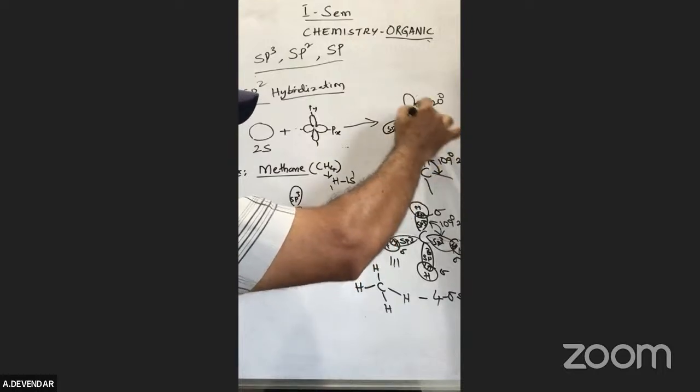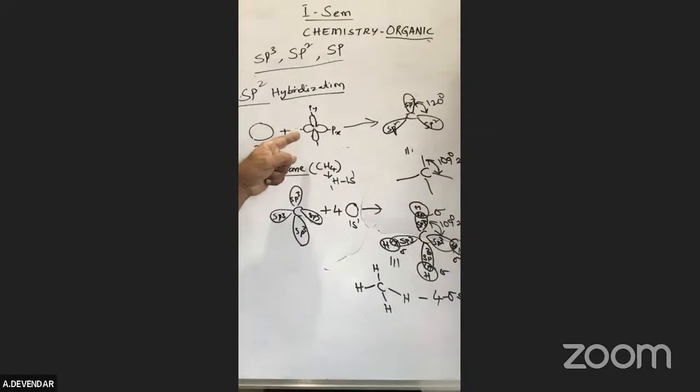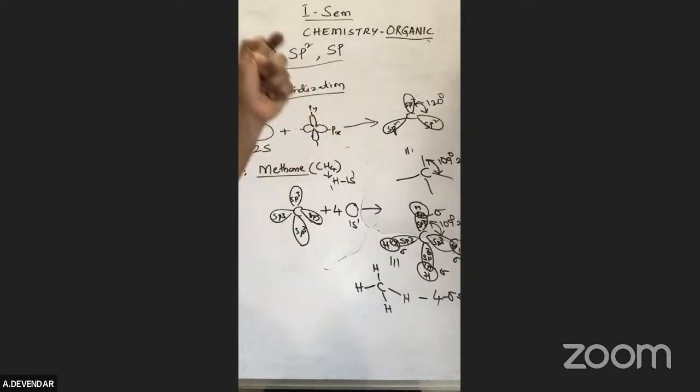Please compare with sp3. Here I am using only two p orbitals, not three p orbitals. One s orbital and two p orbitals undergo the hybridization. You get three sp2 hybrid orbitals, which are arranged in trigonal planar, and the bond angle is 120 degrees. That is called sp2 hybridization.